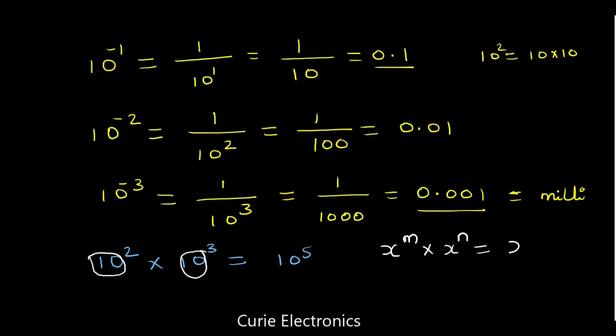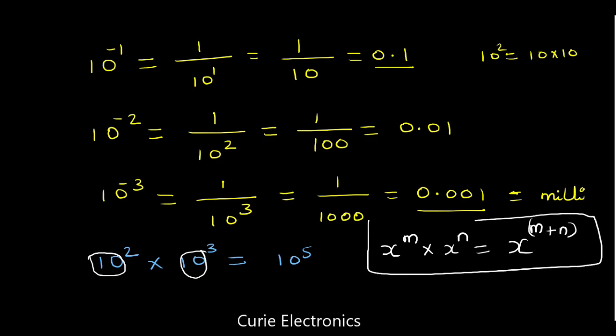Then this is equal to x to the power m plus n. Using this equation only, 10 to the power 2 multiplied by 10 to the power 3 equals 10 to the power 5. Here x equals 10, m equals 2 and n equals 3. If you put the values, you will get the answer.